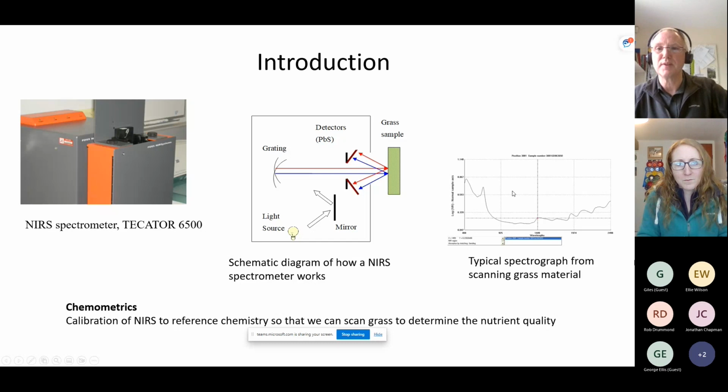So you end up with a spectrograph. And without really getting into the boring bit, you end up doing a thing called chemometrics, where you marry the two together. You take the spectral graph, and you take what's called reference chemistry, and you create a calibration. I'm not going to go into that. I could spend 3 hours on that.